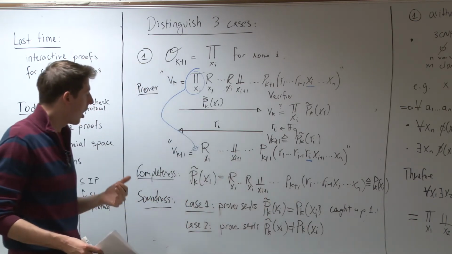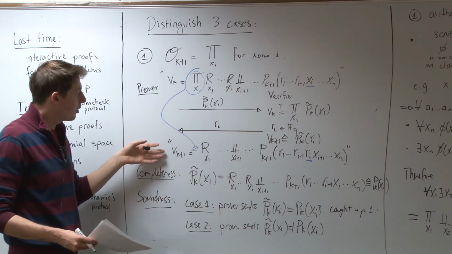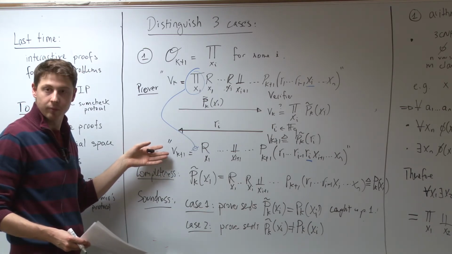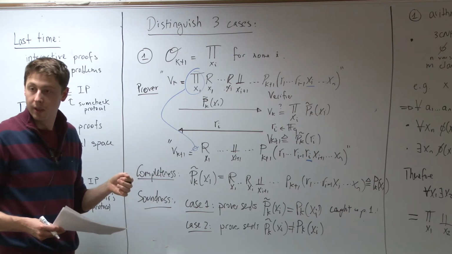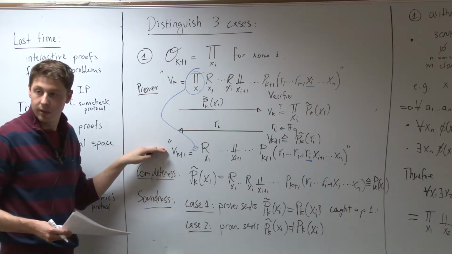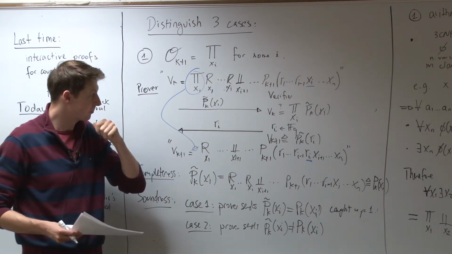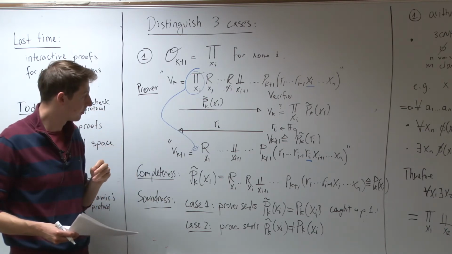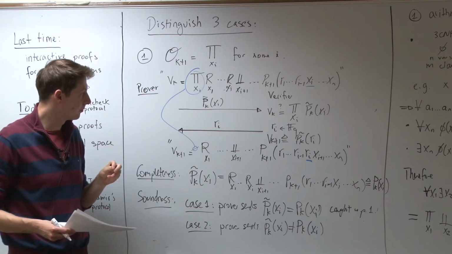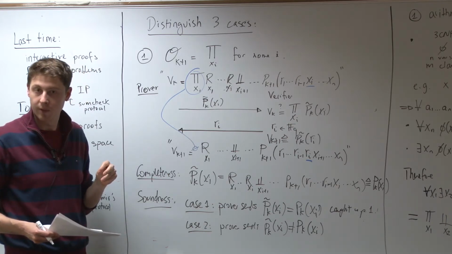In this case, what's going to happen? When you pick ri, if case 2 happens, you're going to catch him with good probability in the next step.